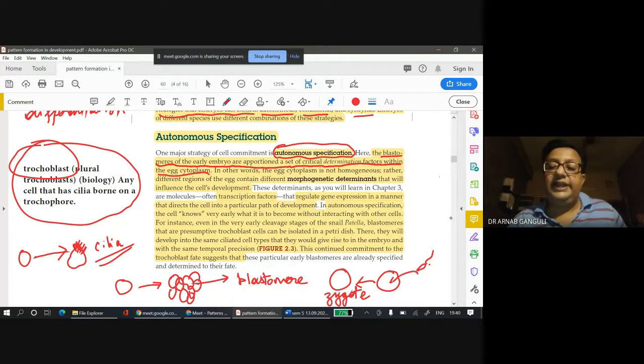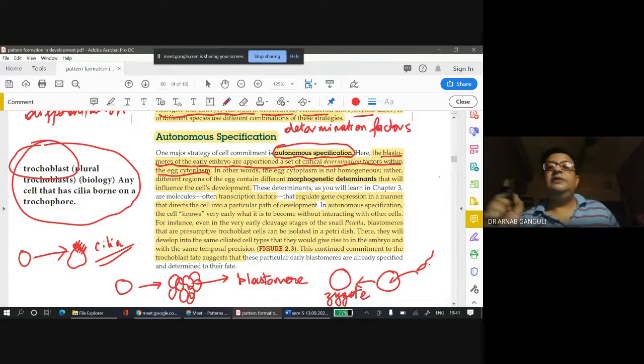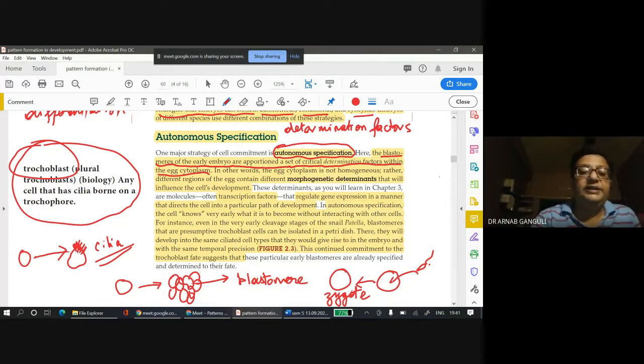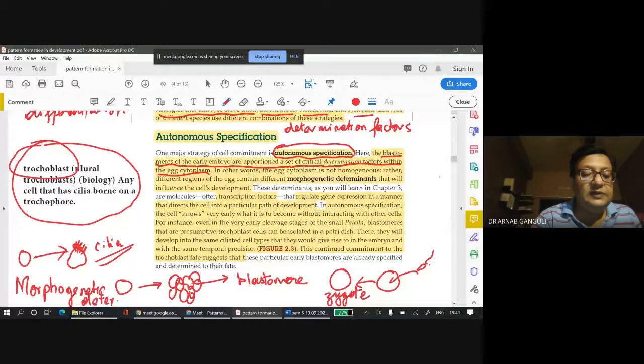So inside this zygote, it is already provided with a set of determination factors, and they are known as morphogenetic determinants.